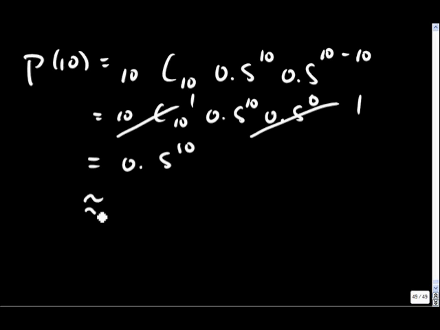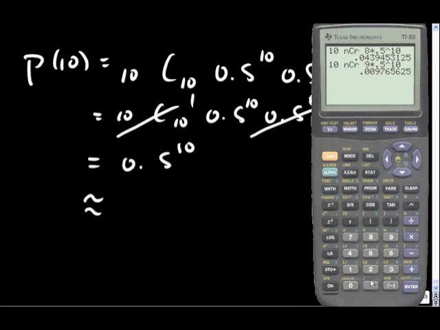We're going to see what this is approximately. In scientific notation, it's 9.765625 times 10 to the minus 4 power. What that simply means is move my decimal 4 spaces to the left. That will give me about 3 zeros in front of the 9.